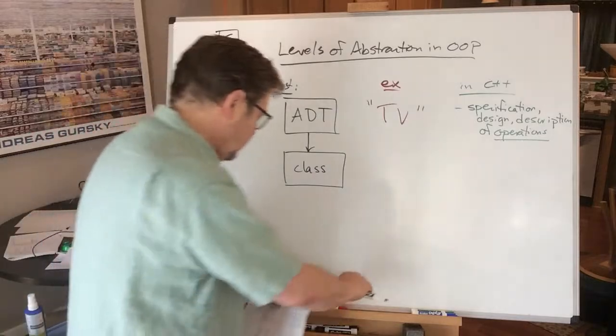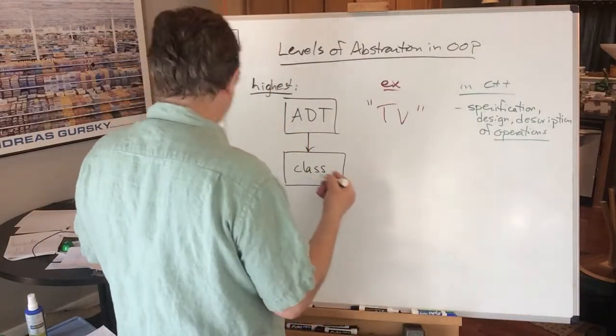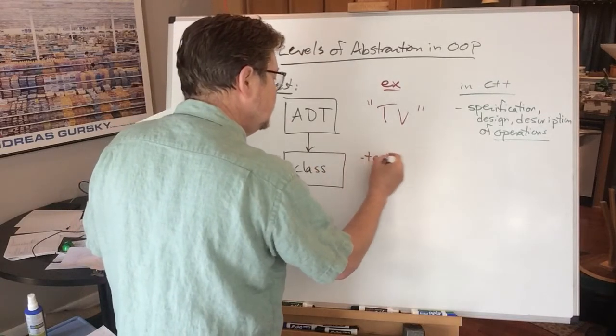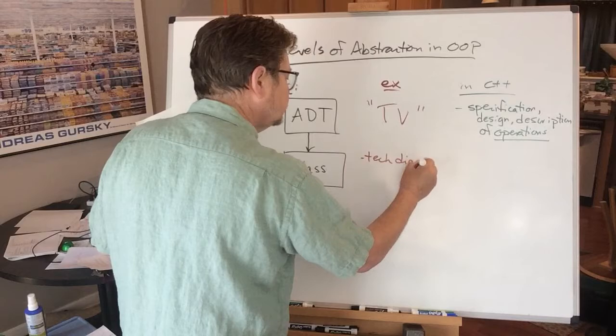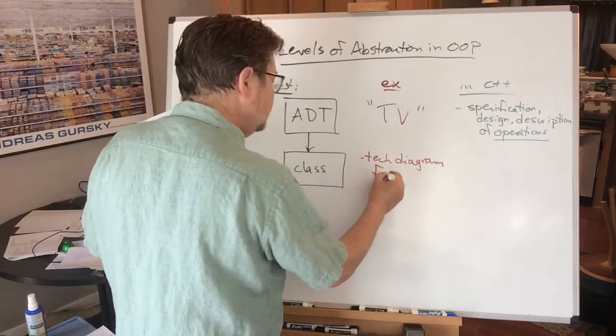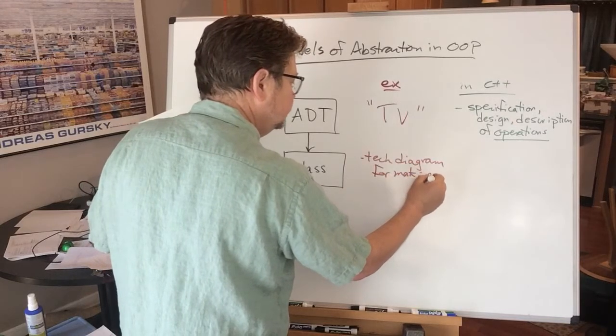The TV level, which is horrible red here, this is going to be a technical diagram, tech diagram for making a TV, or building a TV, whatever you want to say.